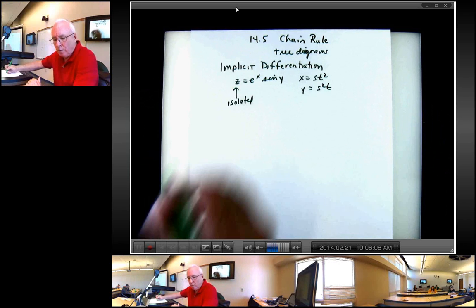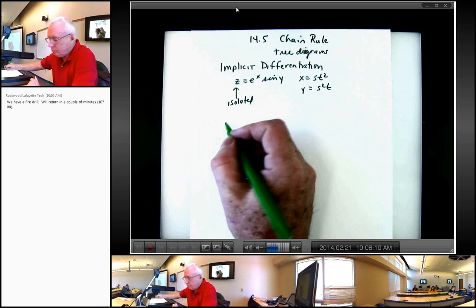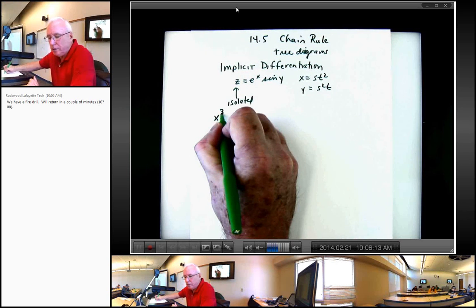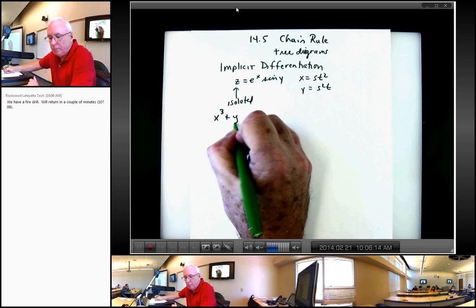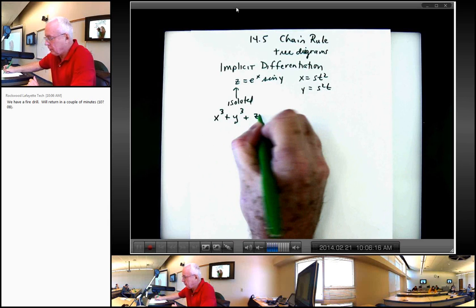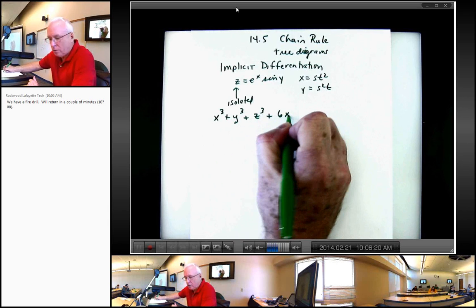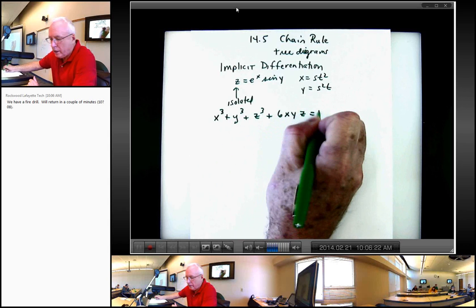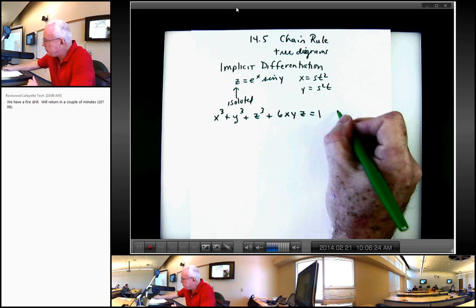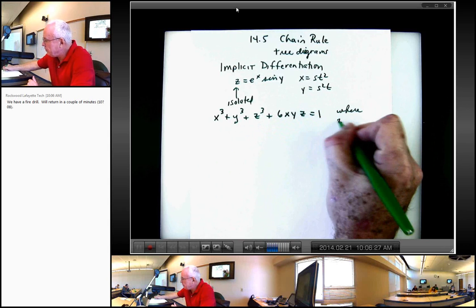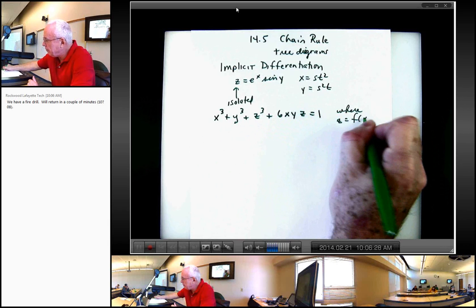Here we are given x cubed plus y cubed plus z cubed plus 6 times x times y times z equals 1. Now z is our function of both x and y.